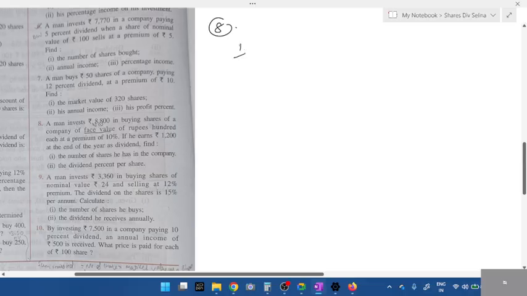A man invests, buying shares of a company of face value of rupees 100, at a premium, now percentage is given. Premium meaning is what? Positive, we have to add, right? So write premium. Look here. Premium is equal to 10%.